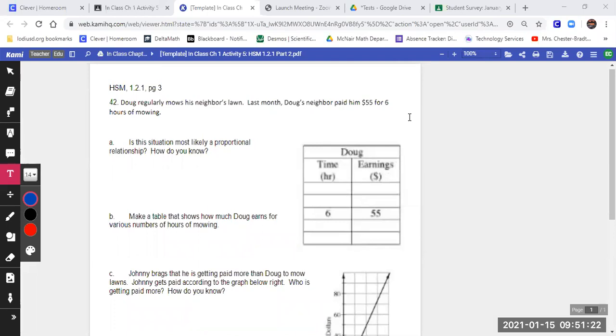What do the graphs of proportionals look like? We talked about it yesterday, in class activity 4 that we did together.